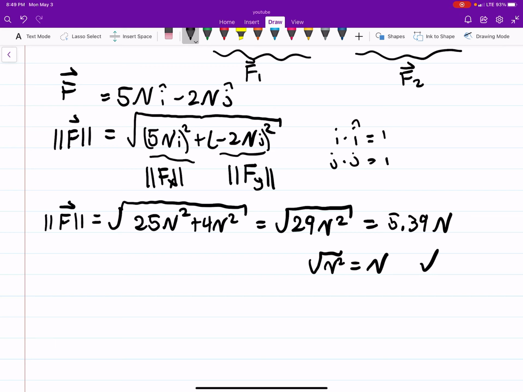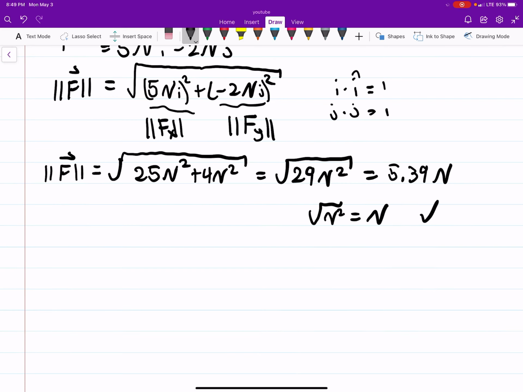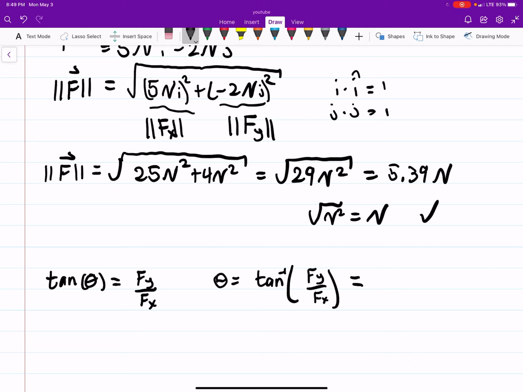Okay. Now the angle, we do it by saying tangent of theta is equal to our y component over our x component. So theta is then tangent inverse of Fy over Fx. Now the way that I usually do this is I just put the magnitude.